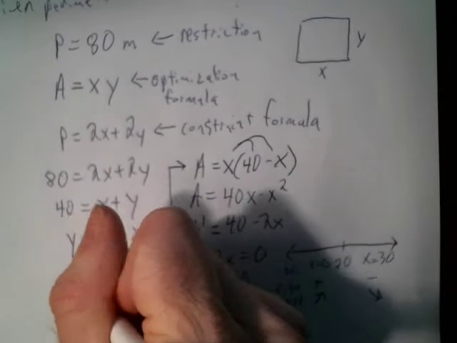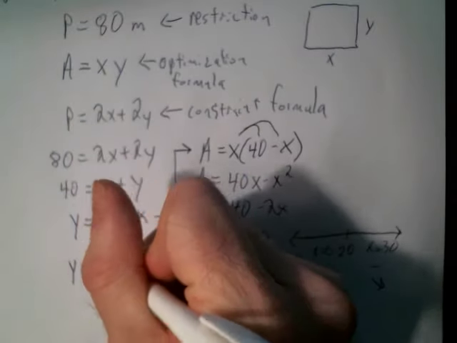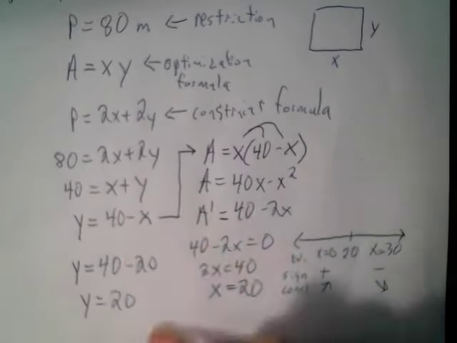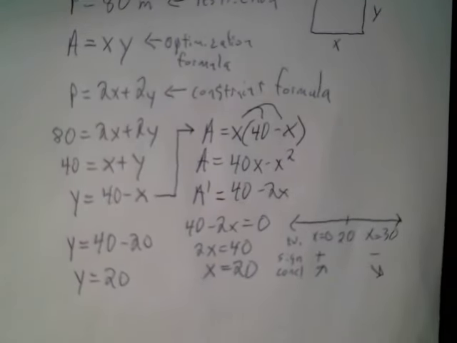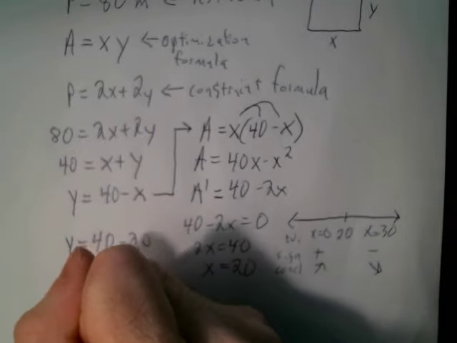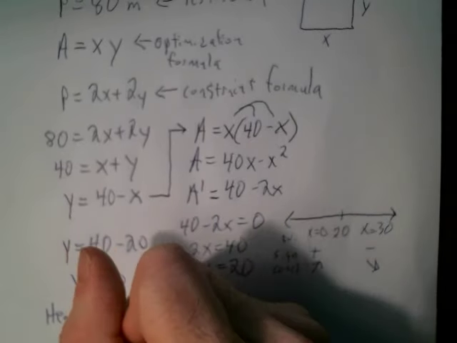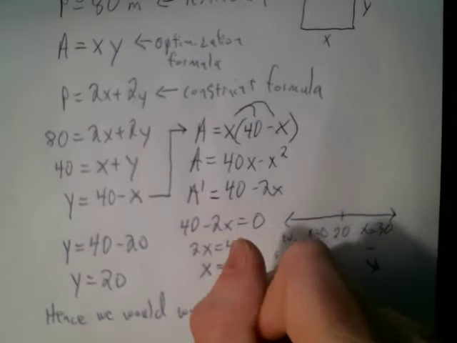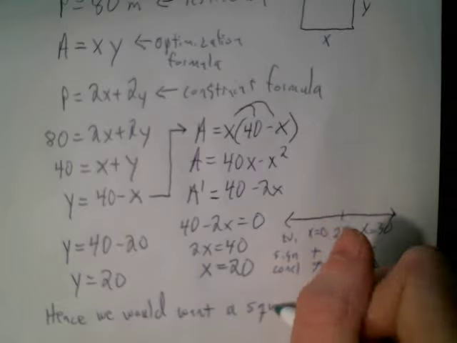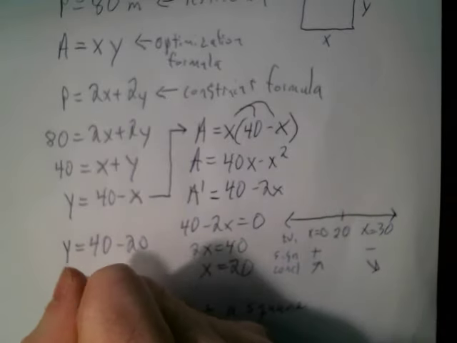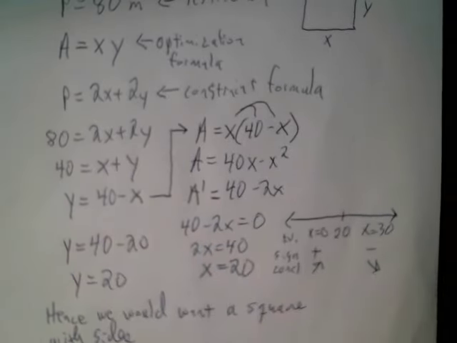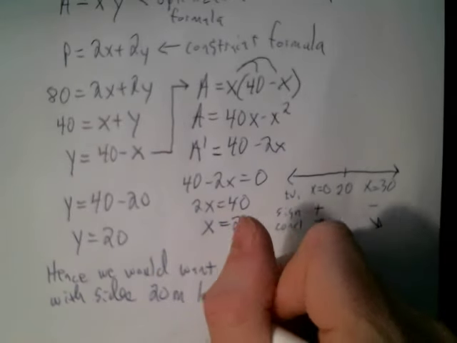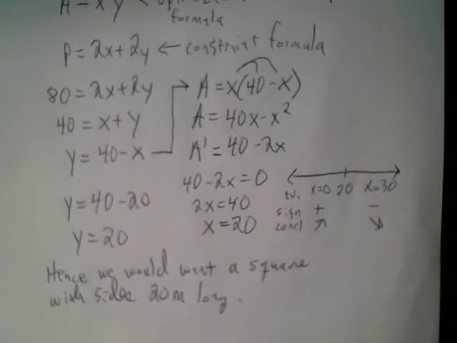So y will equal 40 minus 20. In other words, y is 20. So it looks like a square will have maximum area, with sides 20 meters long.